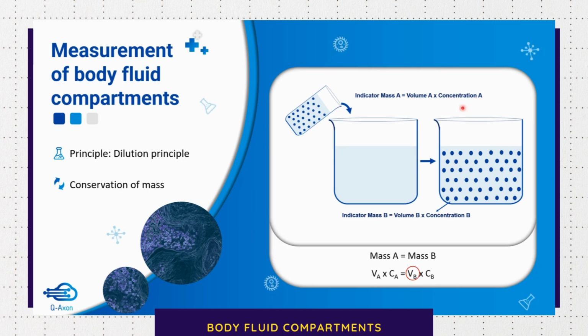So we already know VA and CA, and the concentration which it achieves after we add it into the unknown volume, that also we can take out a sample and measure in the laboratory. So we will know CB also. By this formula, filling in the values of VA, CA and CB, we can determine the volume of the unknown compartment. Okay, fine.